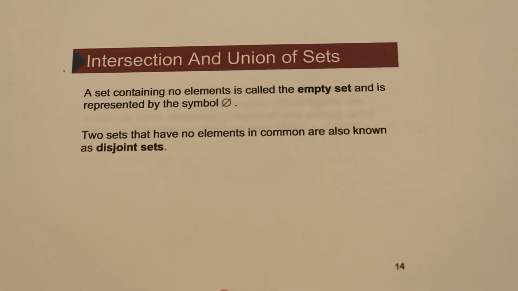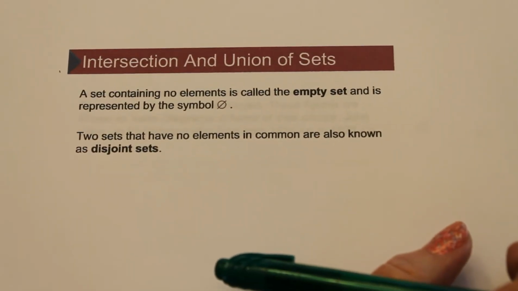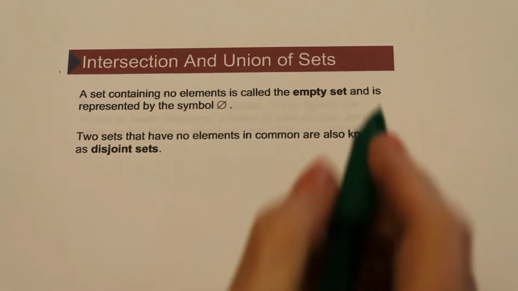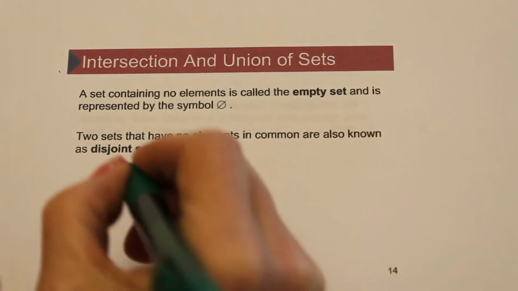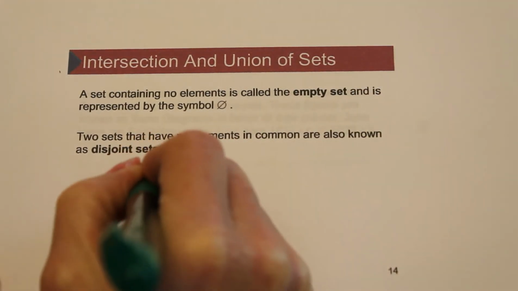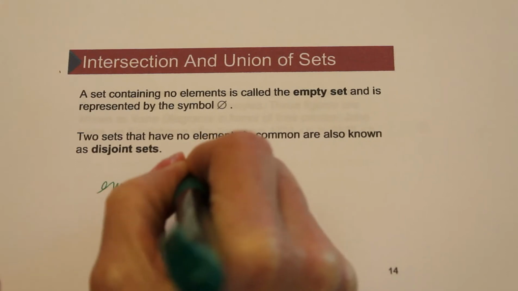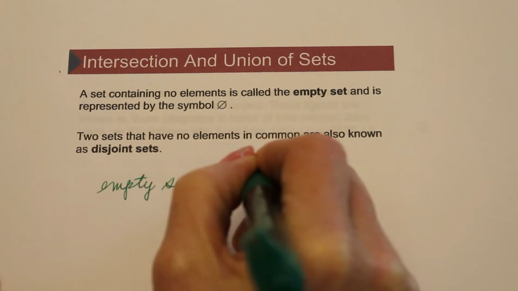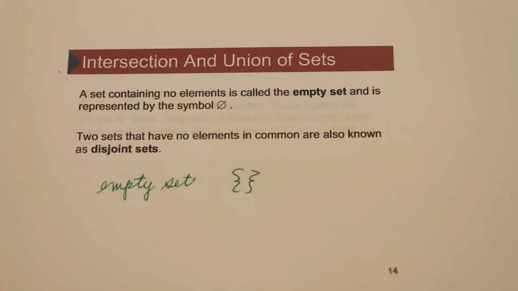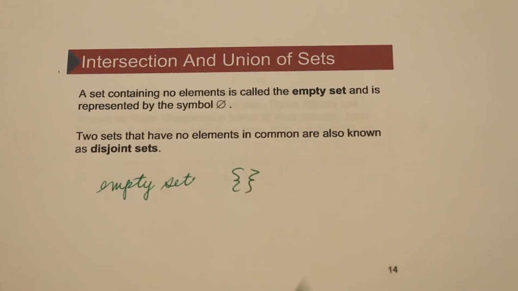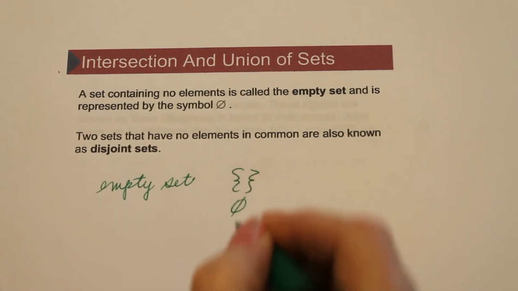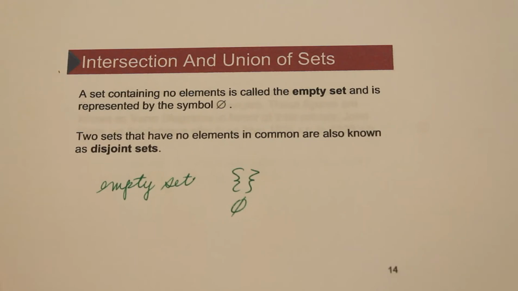Now, if sets do not have any elements in common, their intersection is called the empty set. The empty set, that's a set that has no elements. You can write the empty set like that. All right, so there's a set with no elements. Or you can write the empty set like that.